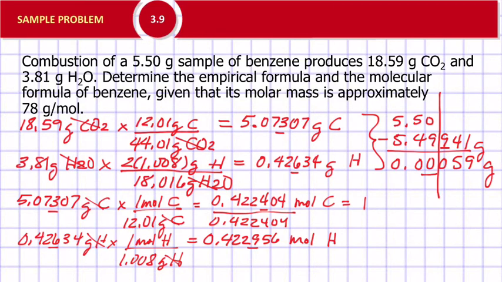And then this one, 0.422956 divided by 0.422404 comes out to be 1.0013. Also very close to 1. That tells me that the empirical formula is CH.